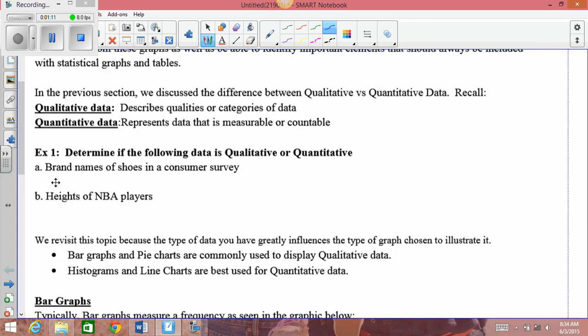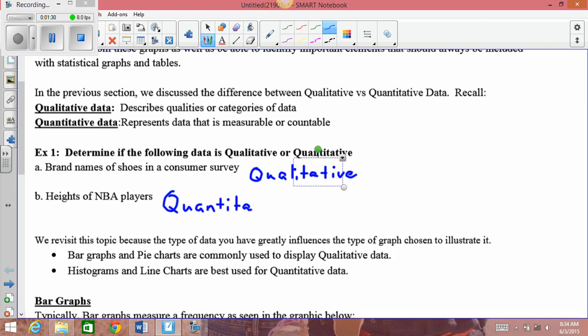Those would be describing your data, so I would call that qualitative data. Whereas section B here, the height of those NBA players, that would certainly be quantitative data, because I would have numbers there. It's 6'2", 6'3", so on.